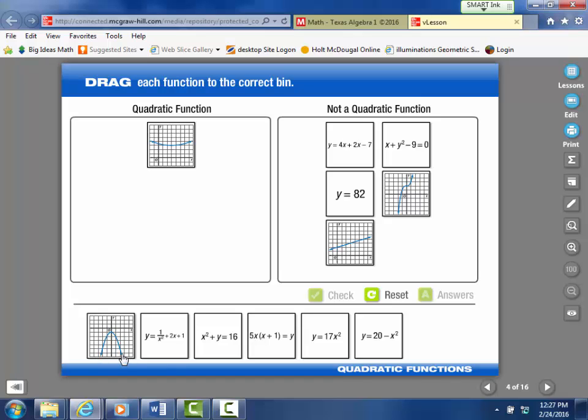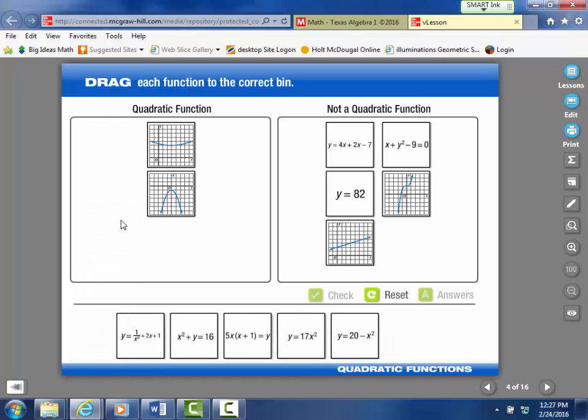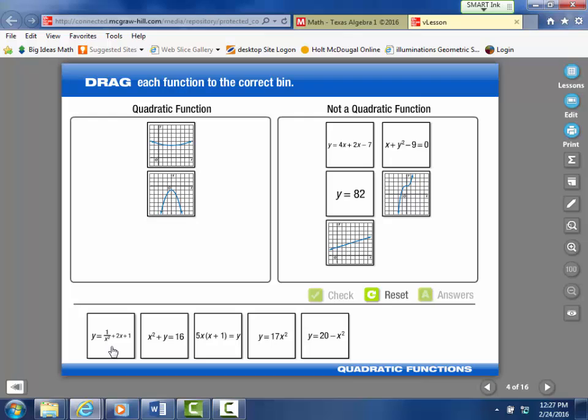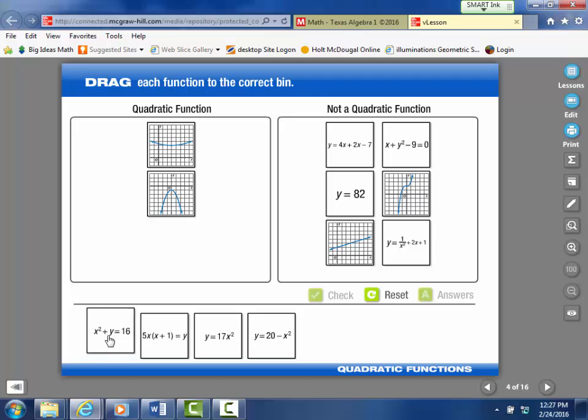This one's a very pretty quadratic, so I'm going to put that right on up there. This one has a squared, but it's got 1 over, and I don't think we would be dividing by x squared in a quadratic. So I'm going to put that one over here. This one very nicely, x squared. It's not in standard form because the y and the x are on the same side, but I think that one's going to be a quadratic.